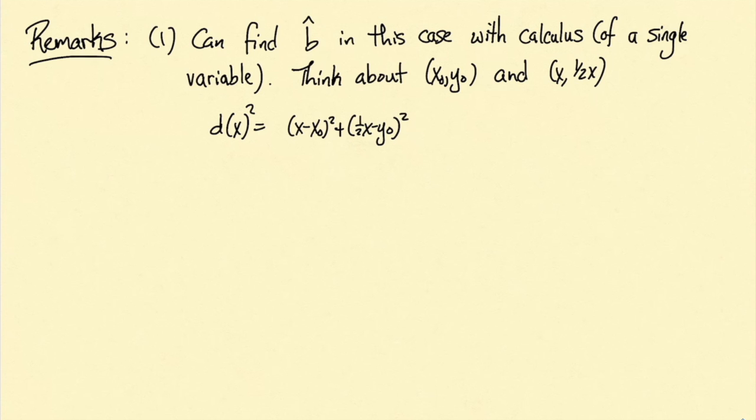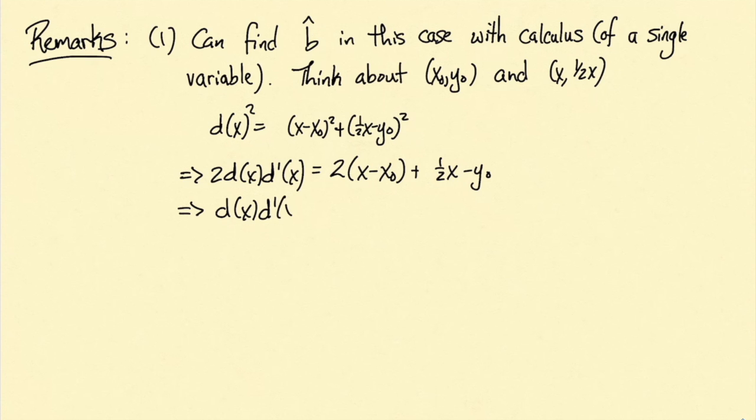If we want to minimize the distance between the line L and the point x naught, y naught, we can take the derivative using the chain rule. This gives us 2dd prime is twice x minus x naught plus 1/2 x minus y naught. Divide both sides by 2 and rearrange gives us 5/4 x minus x naught minus 1/2 y naught.